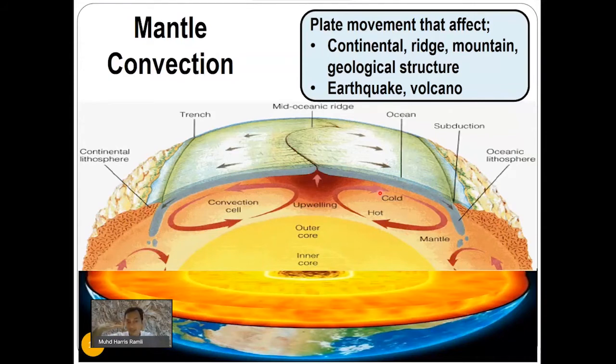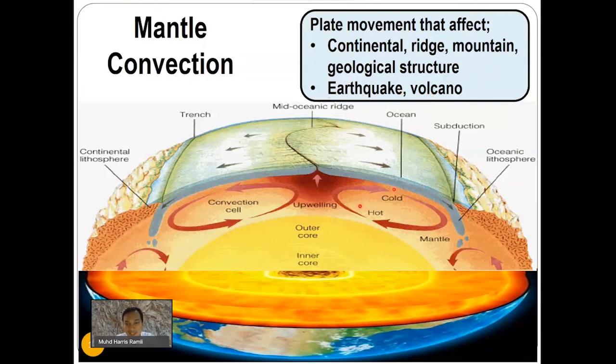As you already know, energy cannot be created or destroyed, only transferred. So that energy is transferred to another medium, the plates, the crust. The plate movement creates continents, ridges, mountains, geological structures, and at the same time earthquakes and volcanoes.